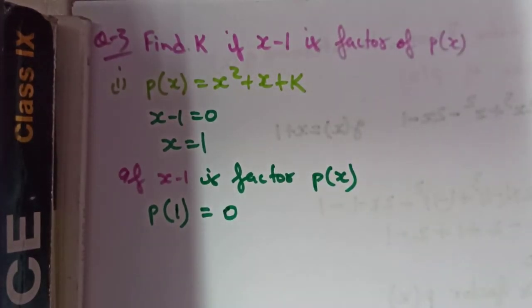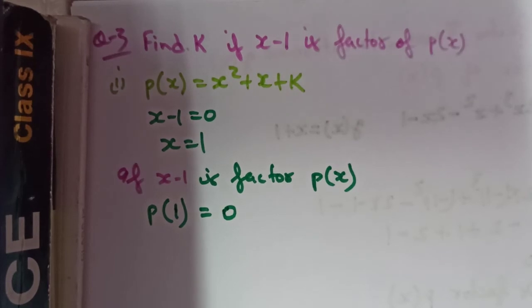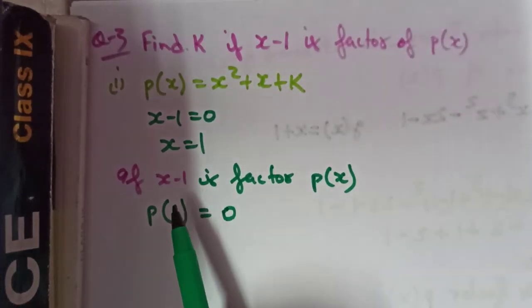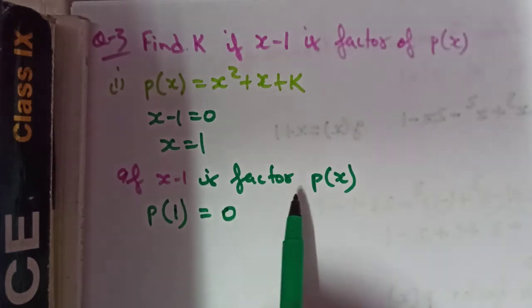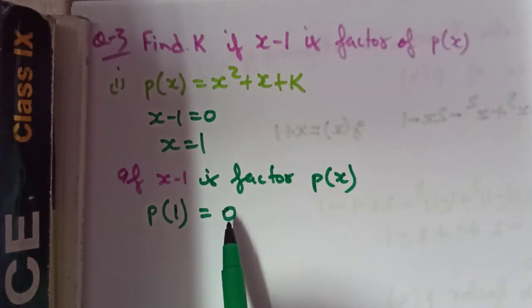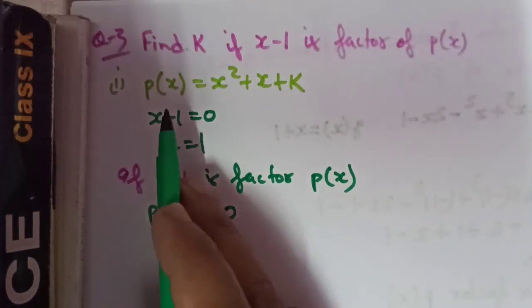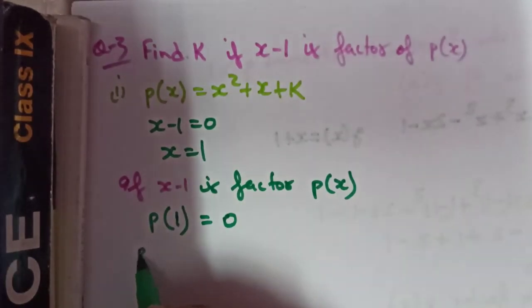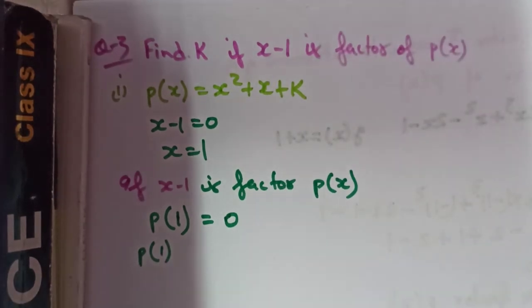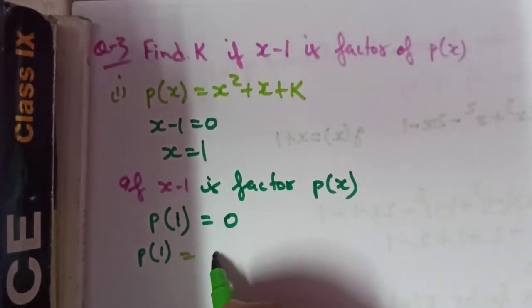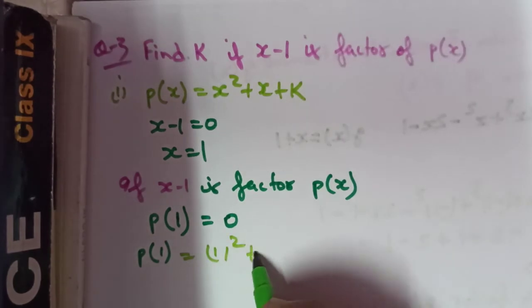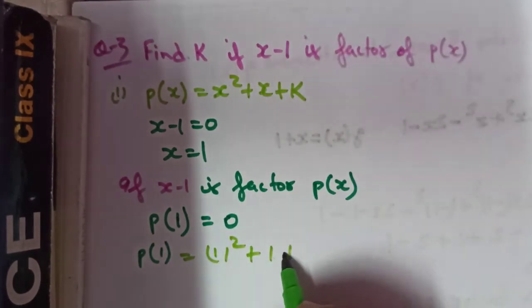I have told you the second statement of this factor theorem, that if x minus a is the factor of polynomial p(x), then p(a) will be equal to 0. Here, since the value of a is 1, we say that if x minus 1 is the factor of p(x), then p(1) should be equal to 0. Now we will first calculate the value of p(1). So p(1) will be what here? x square will be square of 1, plus x will be plus 1, plus k.